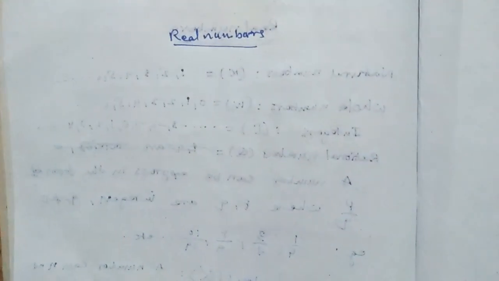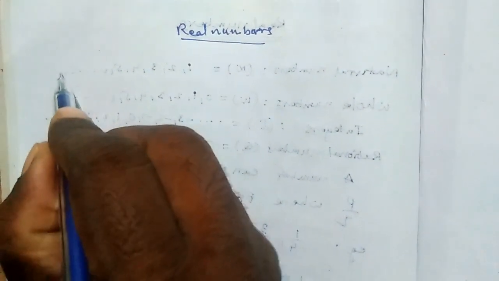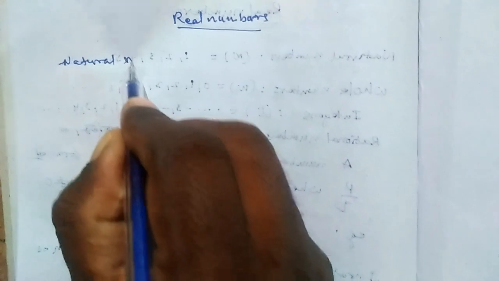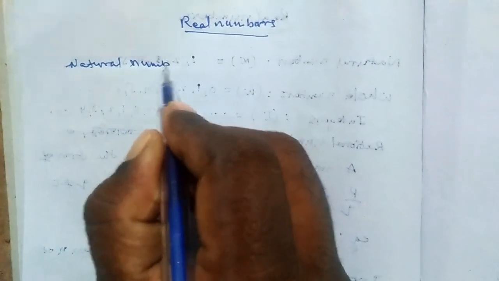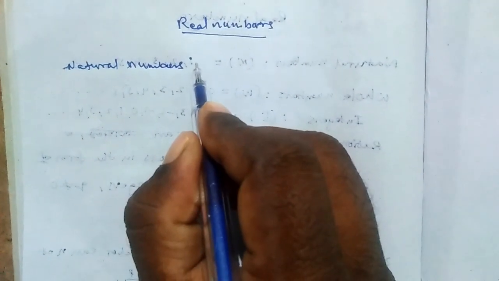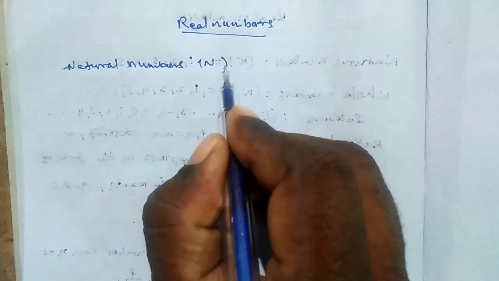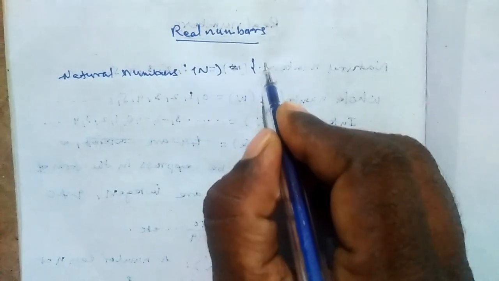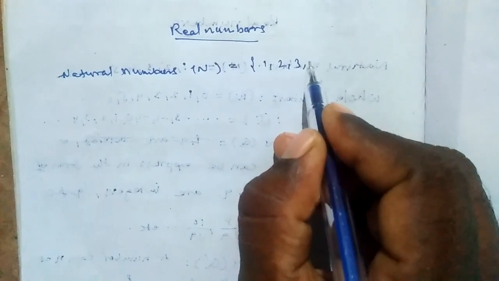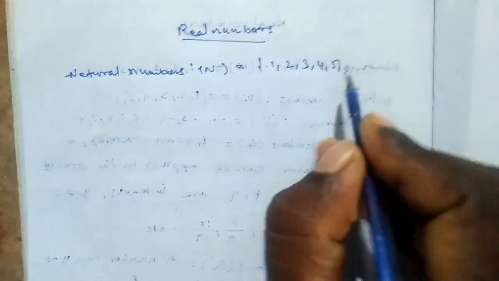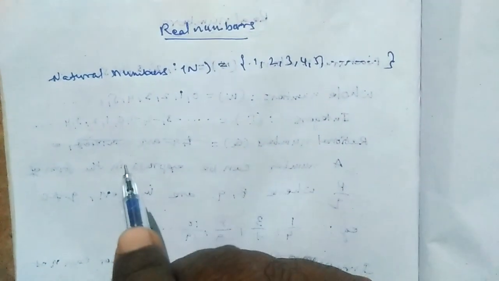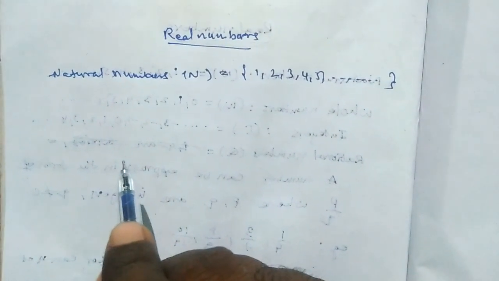We were studying the natural numbers. Natural numbers are represented with capital N, which start from 1, 2, 3, 4, 5, and so on. So many are there.